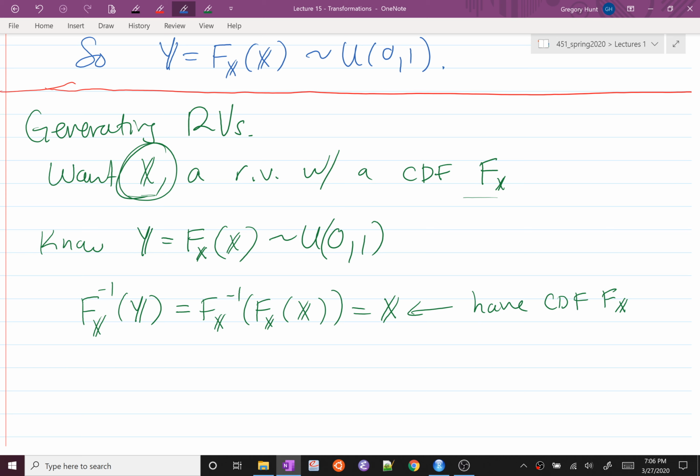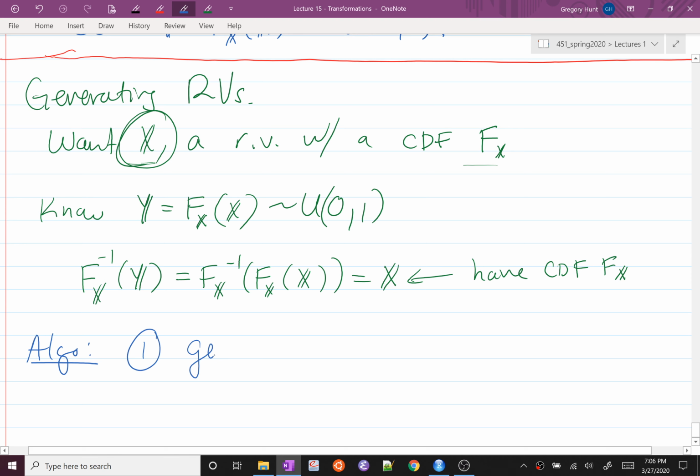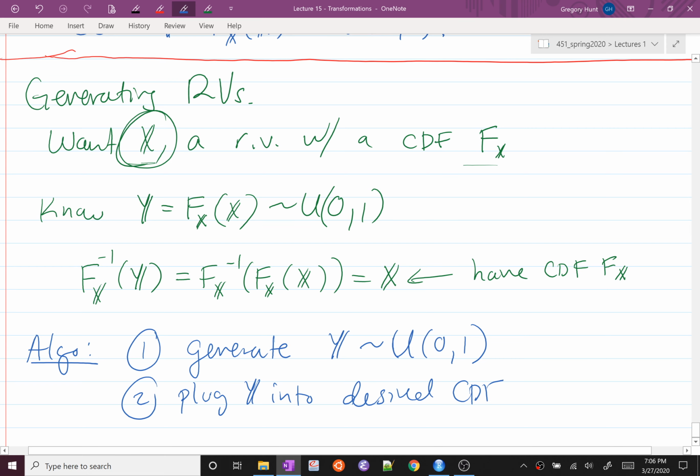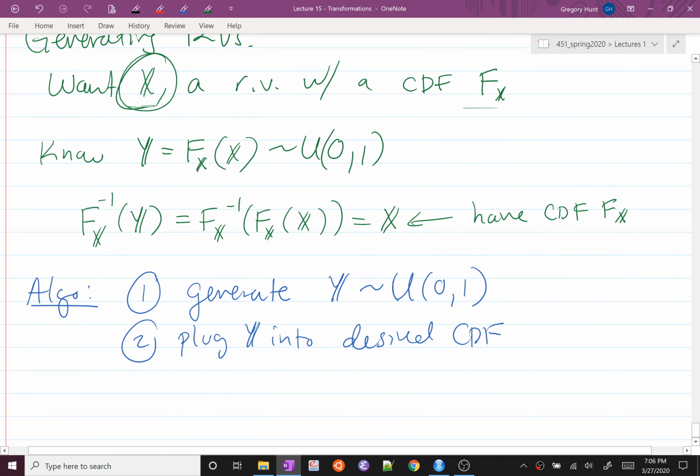So here's my algorithm. 1, generate y following a uniform distribution. 2, plug y into the inverse of the desired CDF.